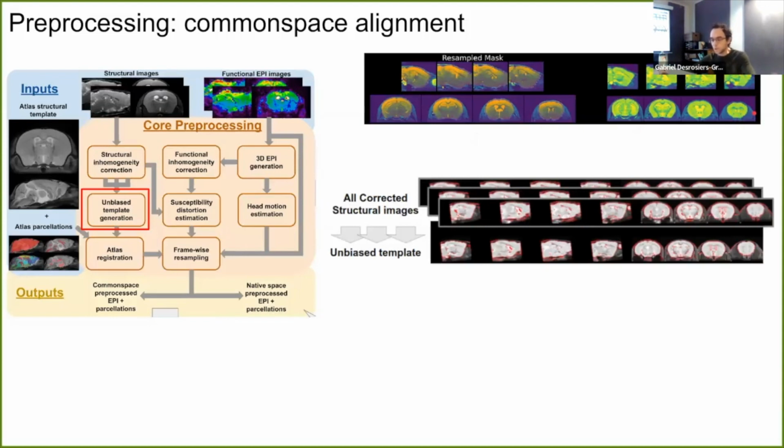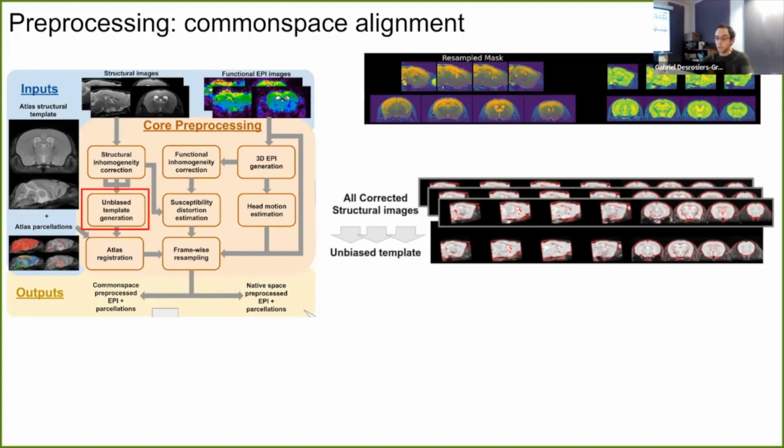Then the different structural scans of different sessions can be co-registered together to what we call an unbiased template that's going to be generated from your dataset images. Now, the reason why we do this instead of registering directly to the atlas is that this provides a more robust reference for registration because it's going to be an image that's similar to your dataset.